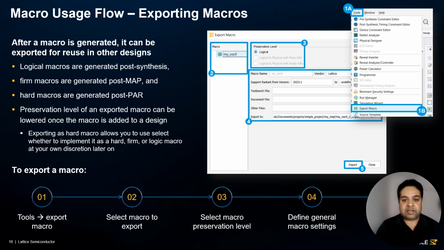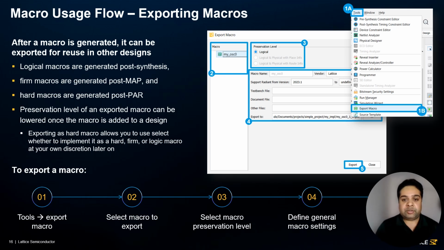And the preservation level of an exported macro can be lowered once the macro is added to a design. Exporting as a hard macro allows you to choose whether to implement it as a hard, firm, or a logic macro later on, depending on your needs. If you want to export a macro, you need to go to the tools and select export macros.